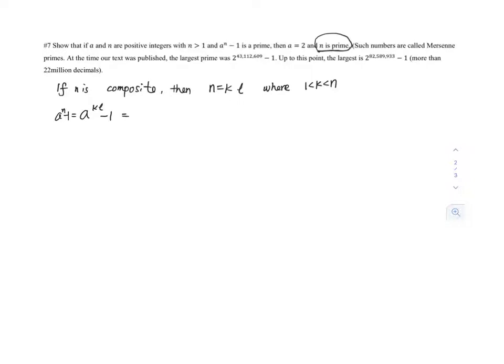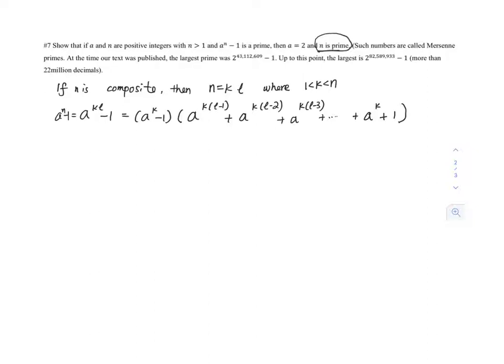It can be factored as a to the k minus 1 times a to the k times l minus 1, plus a to the k times l minus 2, plus a to the k times l minus 3, and so on and so forth, plus a to the k, plus 1. So here the powers are multiples of k.